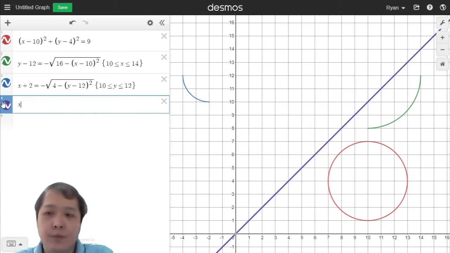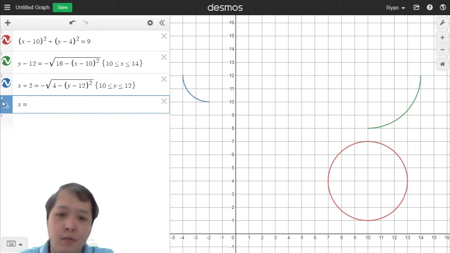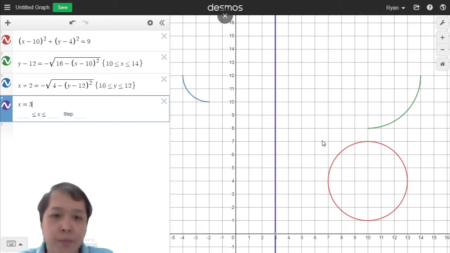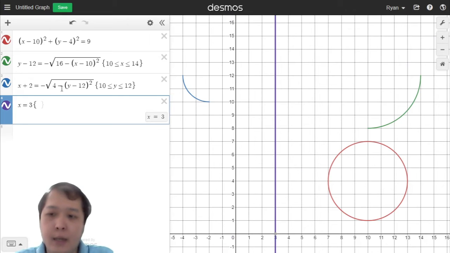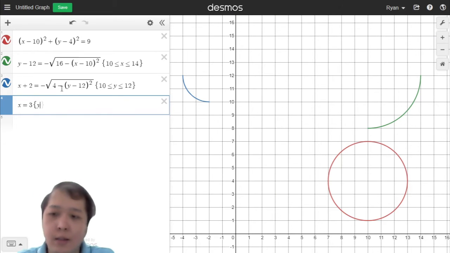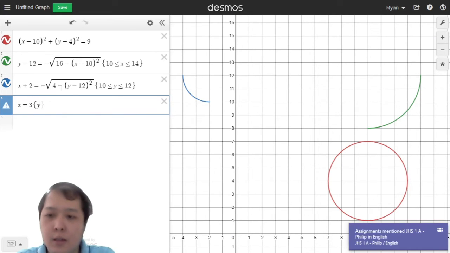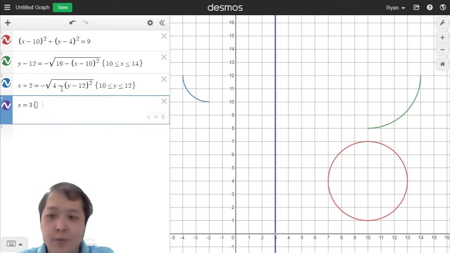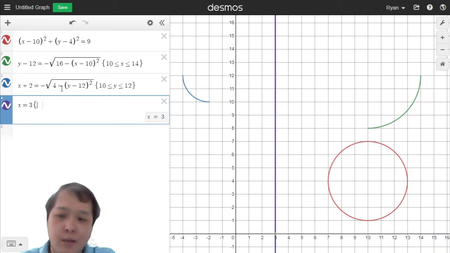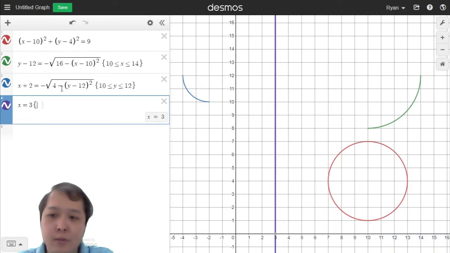For the vertical lines, we are going to use x is equal to, let's say, 3 here, the purple line here, and we put the curly brackets for the interval in y, of course. We need a lower bound and an upper bound.